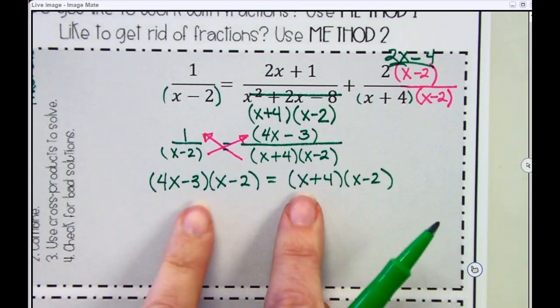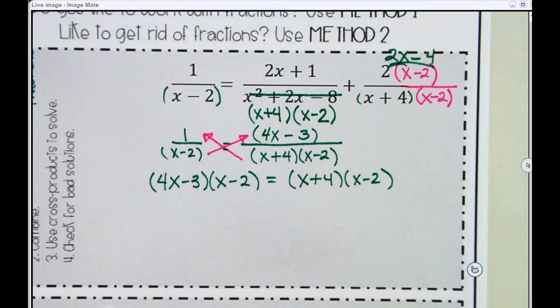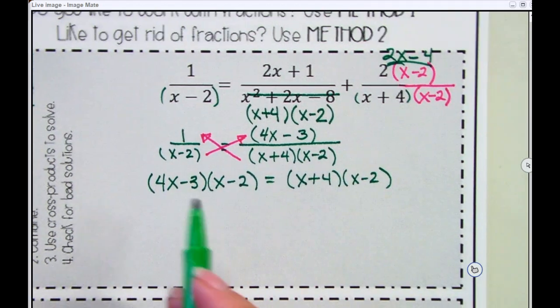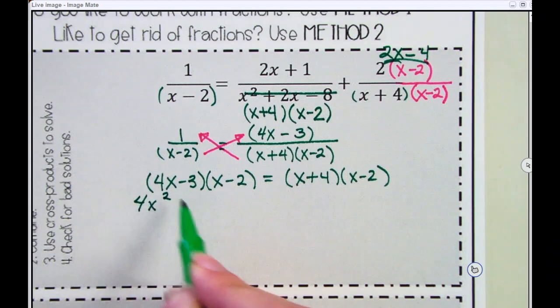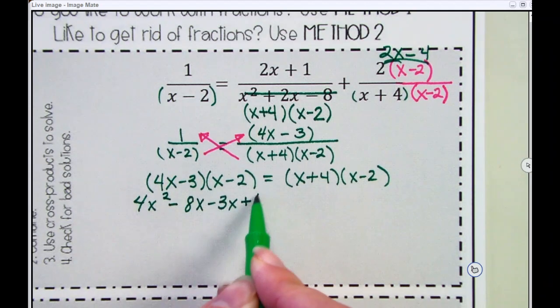I'm going to end up with x squareds, right? So this is a quadratic equation. I'm going to need to set this equal to 0, which means I need to FOIL out both sides. So there is 4x squared minus 8x minus 3x. Don't let me make a mistake, please.